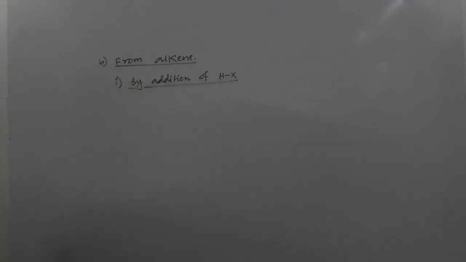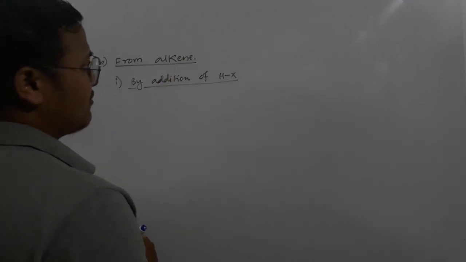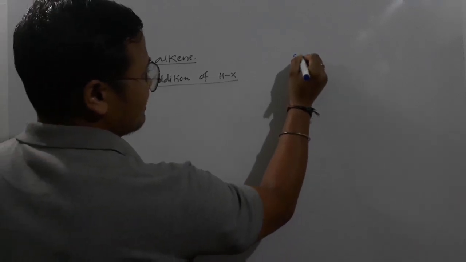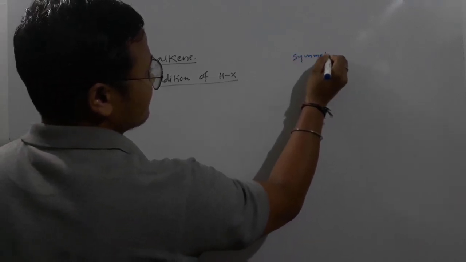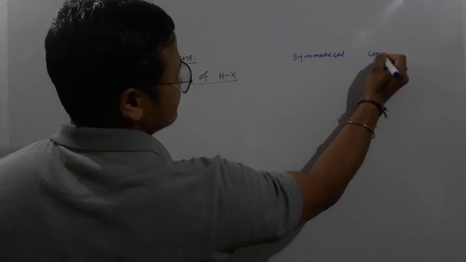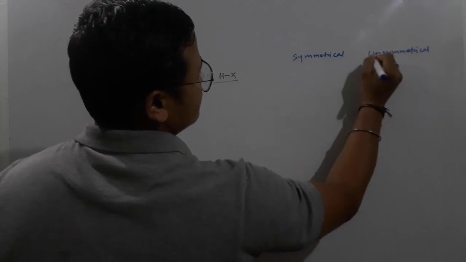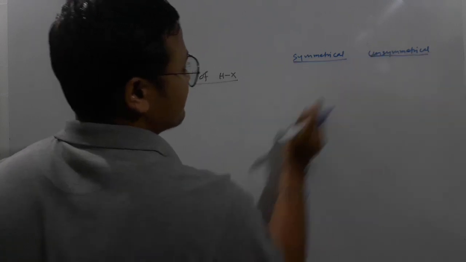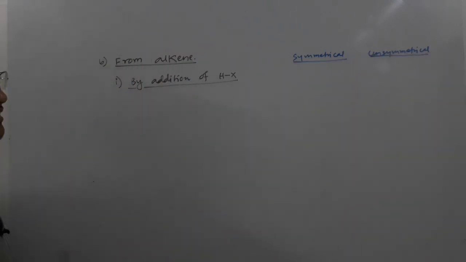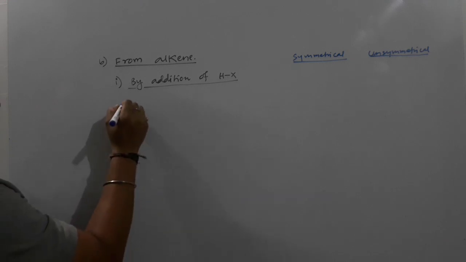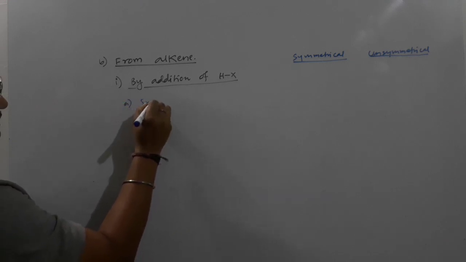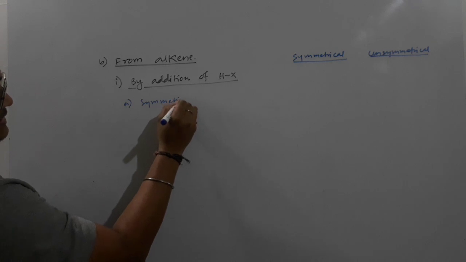Now guys, the problem here is that this alkene compound, we can have them as symmetrical as well as unsymmetrical. So when your alkene is symmetrical, the things are very simple.